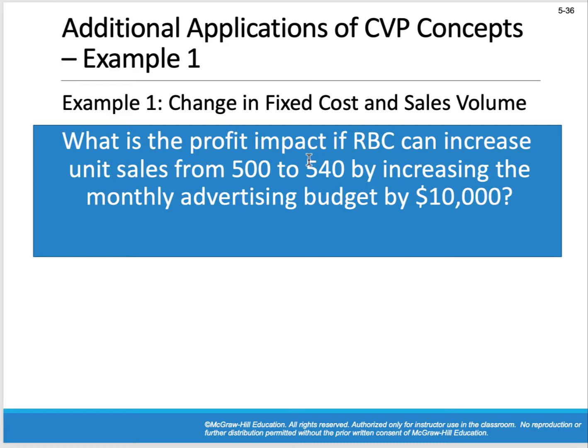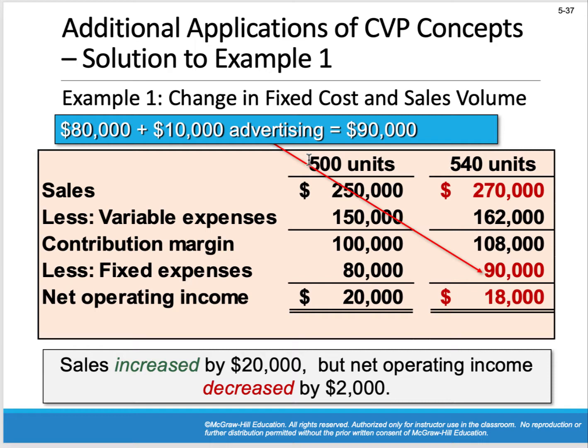So what we need to do then is step back and say, okay, if we sell 40 more units, in order to do this, we have to increase our advertising budget by $10,000. What impact will that have on our bottom line? Very easy to do, right?